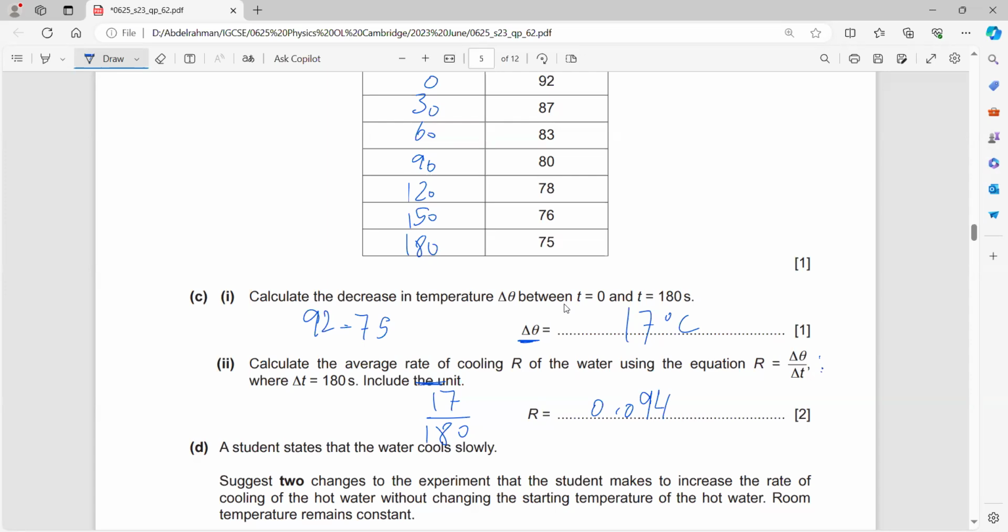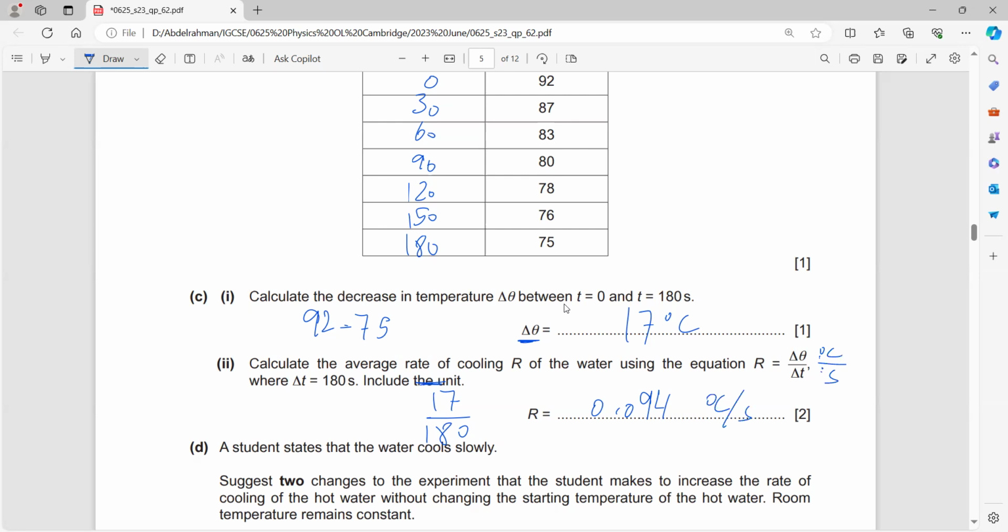Seconds per degree Celsius, or degrees Celsius per second? The difference here is that degrees Celsius was above and seconds was below, so it's degrees Celsius per second. There's a huge difference, because this means that in each second I'm losing 0.094 degrees Celsius.